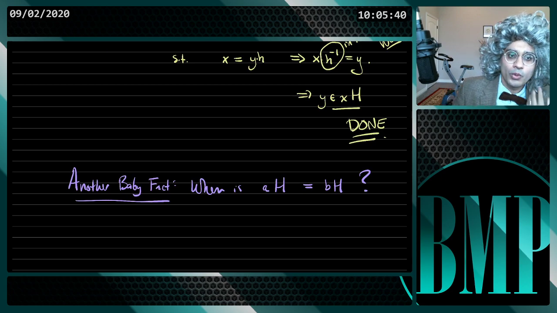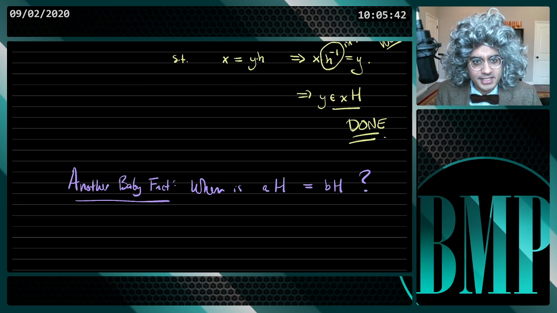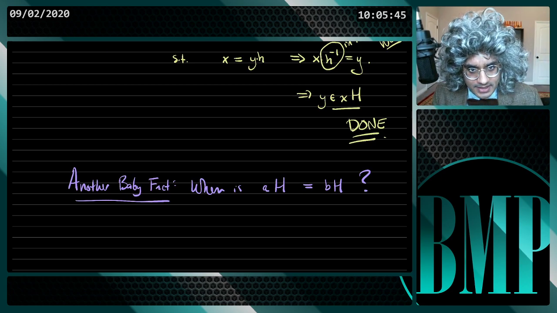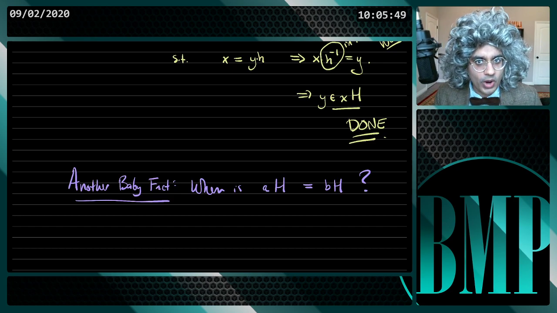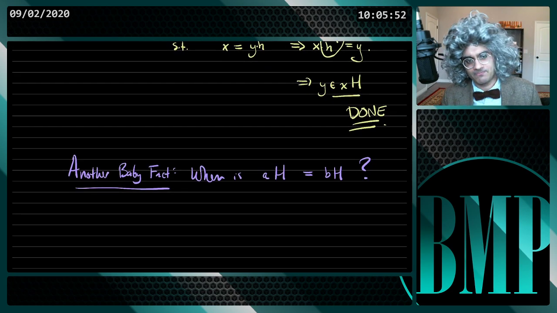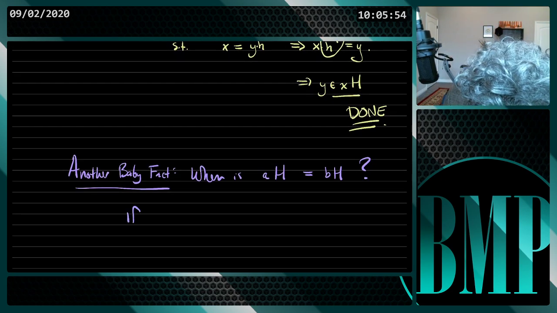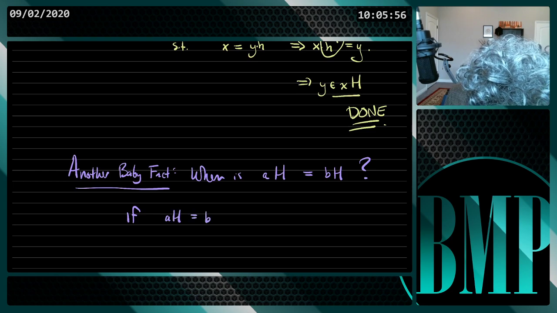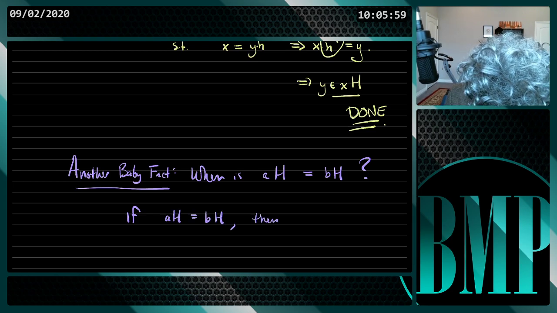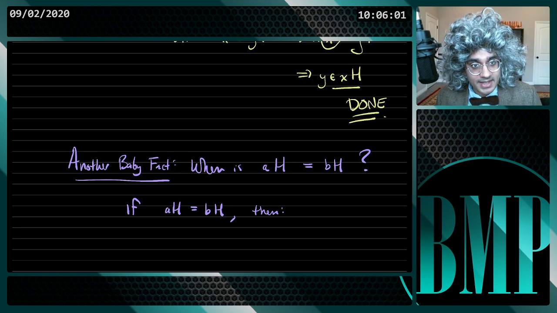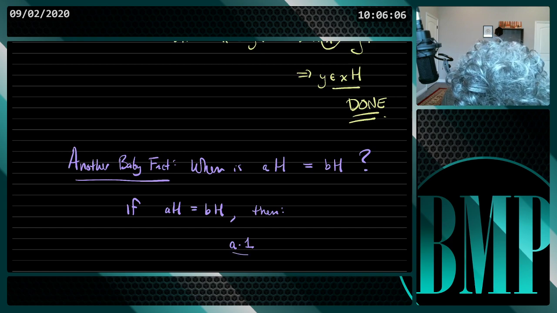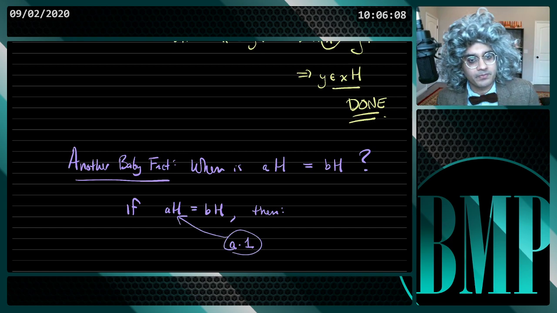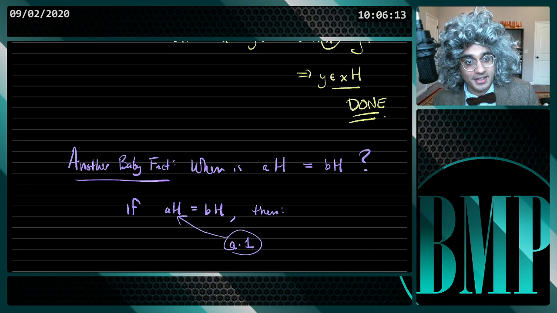What is the ambiguity in labeling a coset by A or by B, etc.? So if this coset is equal to that coset, then obviously A times 1, which is an element clearly in here, would be in BH.